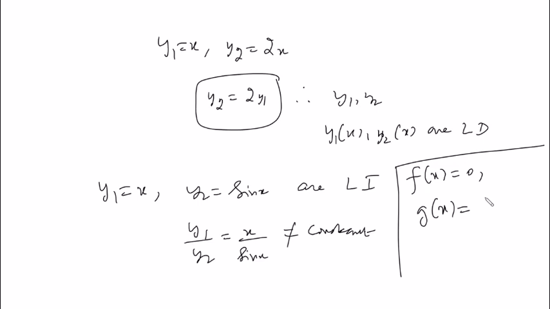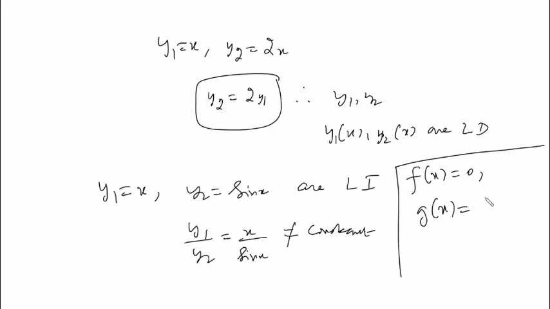It's always going to happen. If one of them is 0, it's always LD. And it is in general also true. Suppose I give you a set of 10 functions. There are 10 functions. I haven't yet told you the general technique for how to check LD or LI given more than 2 functions. I'll come to that later. But this result is generalizable. If even one of the functions is 0, the whole set is a set of LD.